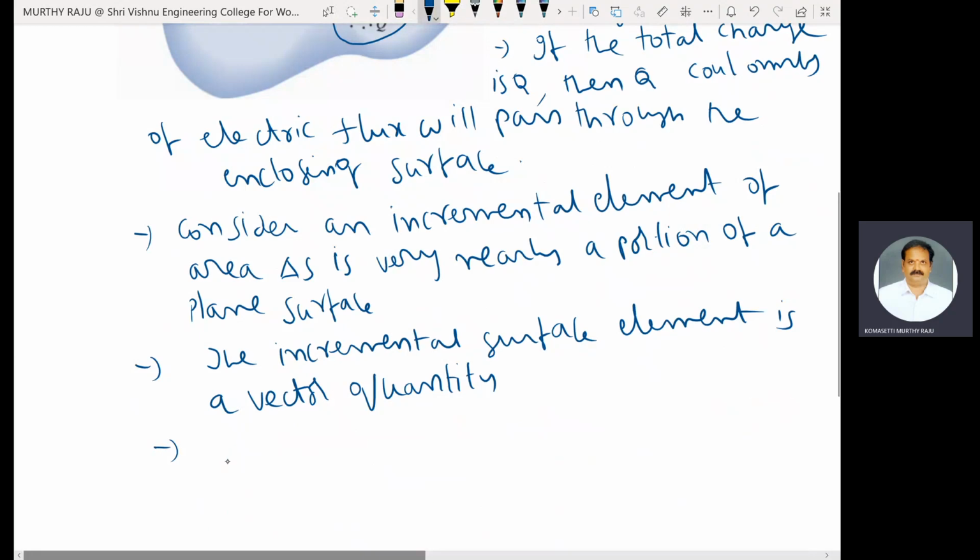The incremental surface element is a vector quantity. It has magnitude and direction.